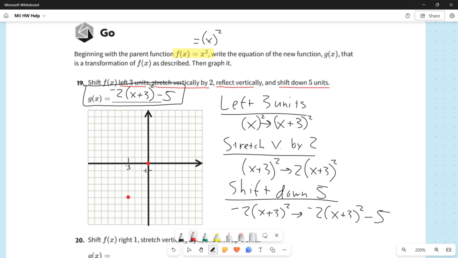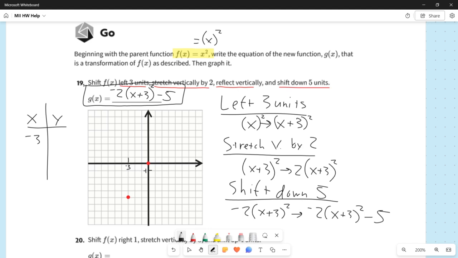Now, if any of that was confusing, if you didn't really understand how we went from the old vertex to the new vertex, you can always just get a table of values and plot them. So if the whole transformation thing didn't make a lot of sense, you could just ask, what happens when you plug in a -3?